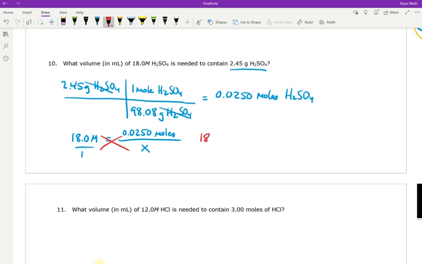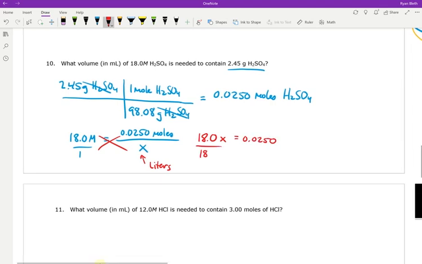I'm going to keep it simplified and not worry much about units at this point. I know that x is going to be down here. It's going to be liters. So whatever my answer comes out to be is going to be liters. So I'm going to leave the units off just to make our lives a little more clear. 18 times x is going to be 18x. 1 times 0.025 is going to be 0.025.